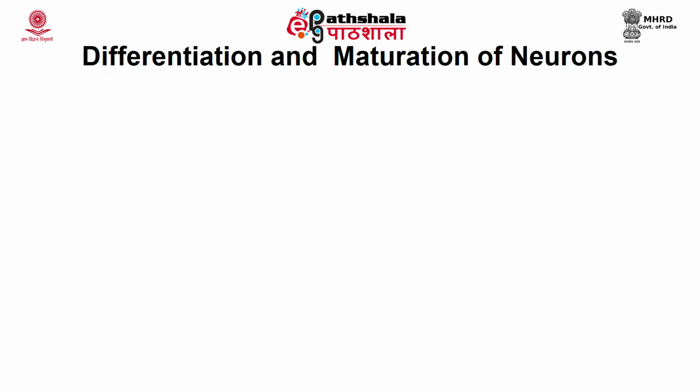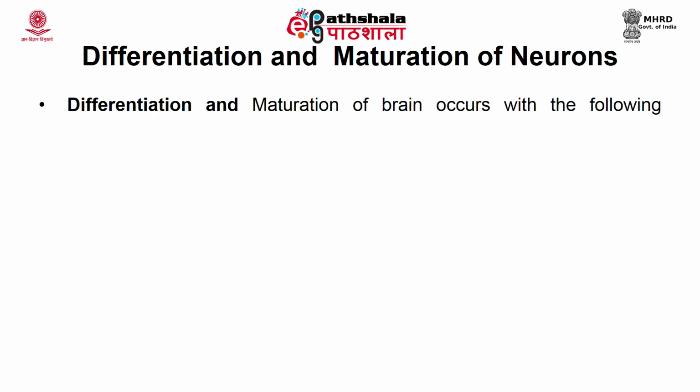Now, all these neurons which are formed are also undergoing differentiation and maturation. The differentiation and maturation of the brain encompasses the newly formed cells maturing by several changes, and that leads to differentiation and maturation of the neurons.